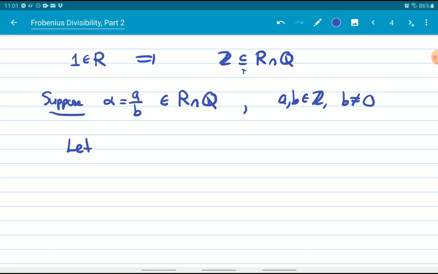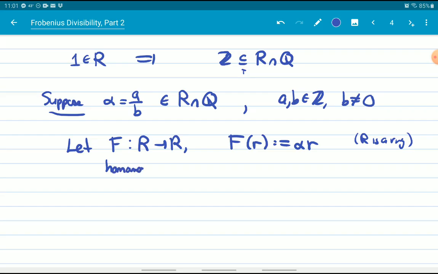Now let's let f be the function from R to itself given by multiplication by alpha. That's well defined because R is a ring. And it's a homomorphism of abelian groups because you have the distributive law for multiplication.